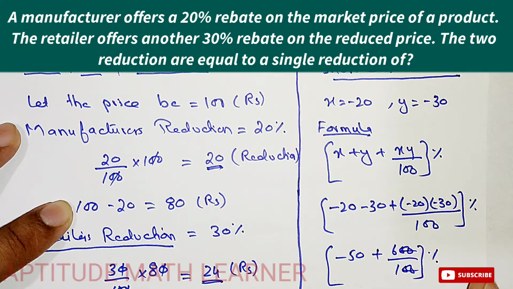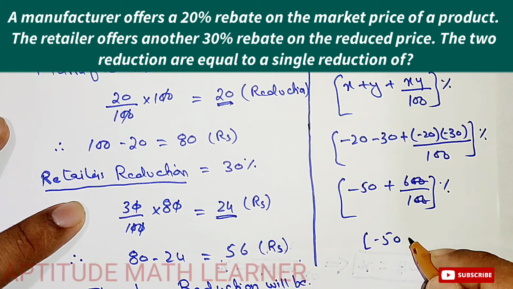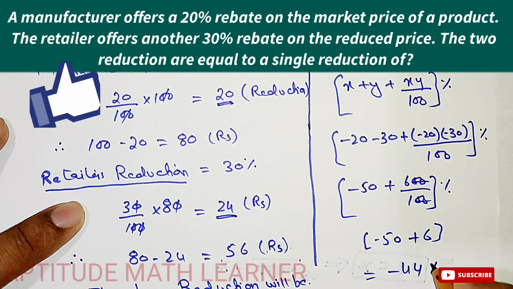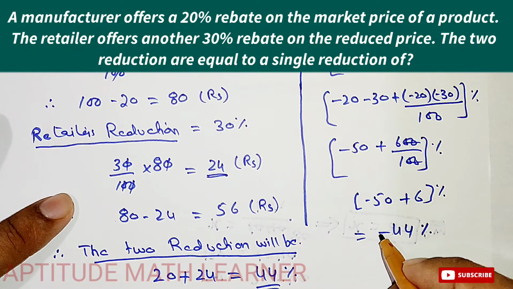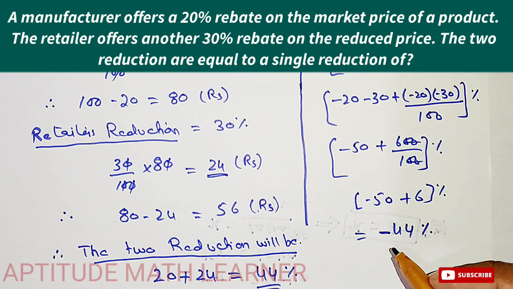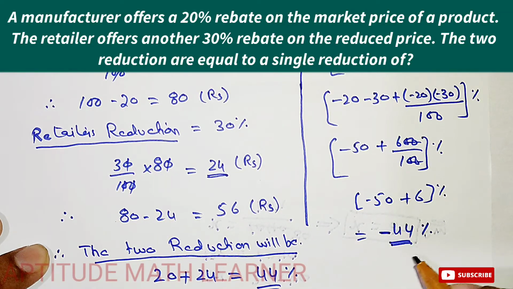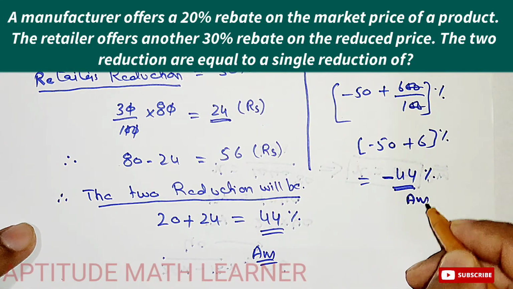The zeros cancel out, and this becomes minus 50 plus 6, which is equal to minus 44%. The minus represents the two successive discounts or reductions, and this minus 44 is the same thing we found here, and this is also our answer.